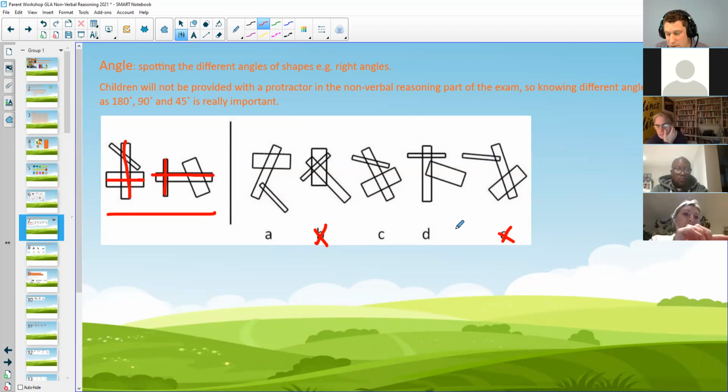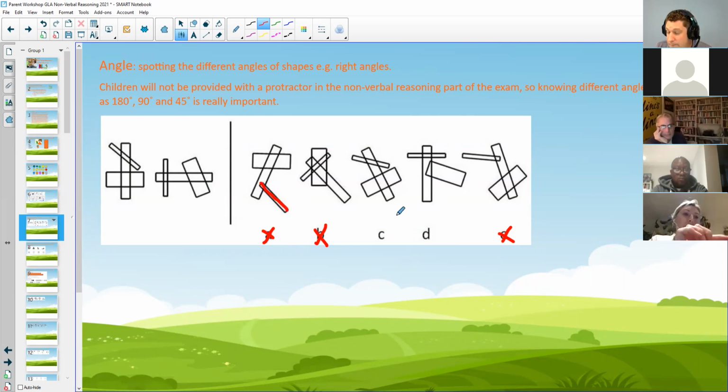The next thing to consider is how they bisect. So what I mean by that is actually how they are overlapping each other. So the first thing to realize is that the little rectangle always goes right the way through the longer one, and the same with the middle-sized rectangle, if you like. So I can rule out A because this rectangle doesn't go across or doesn't bisect the longer one.